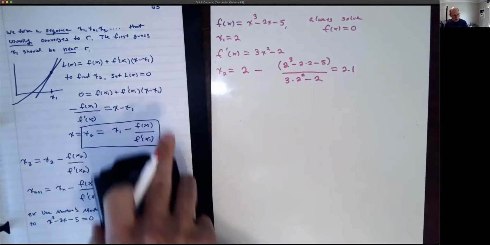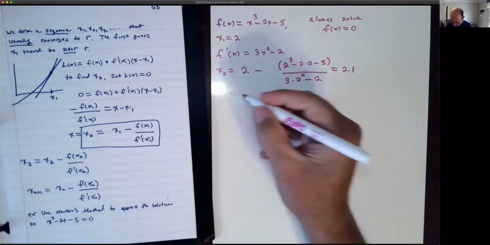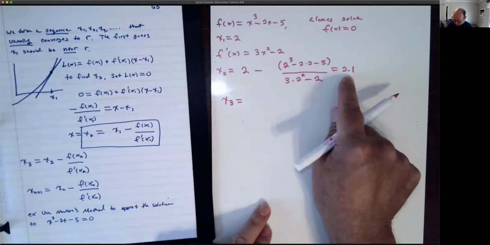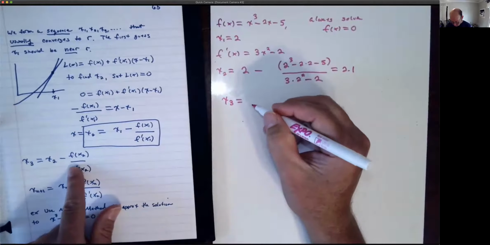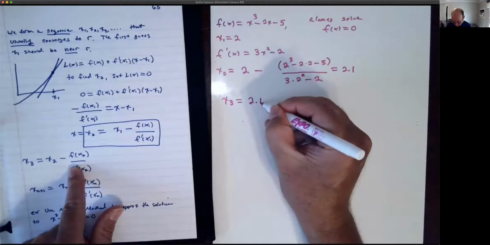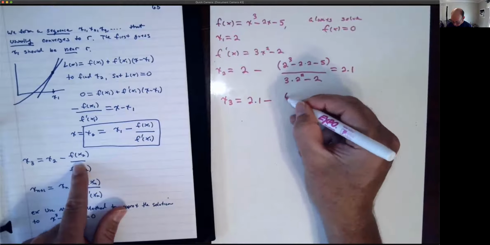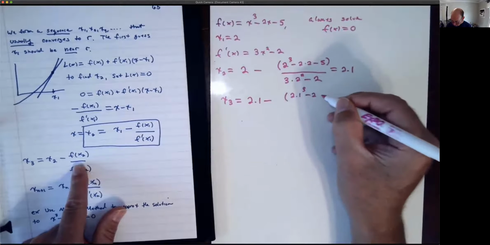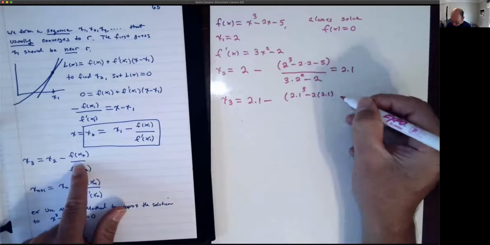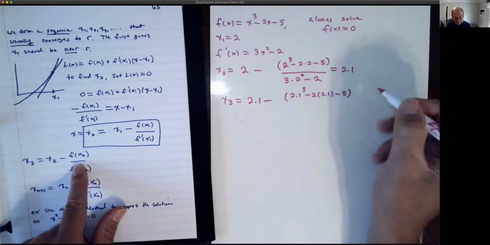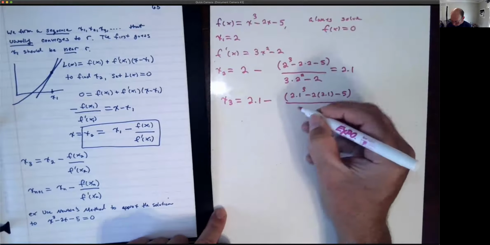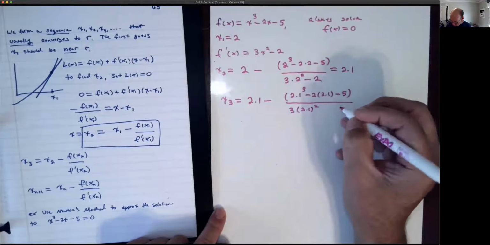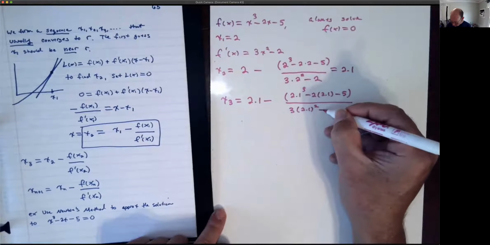Now doing one more by hand, to get x3 you go back and put the x2 answer back into the formula. So x3 would be 2.1 minus 2.1 cubed minus 2 times 2.1 minus 5, all divided by 3 times 2.1 squared minus 2.